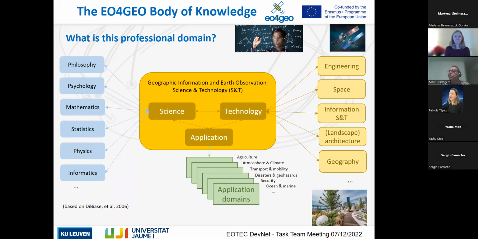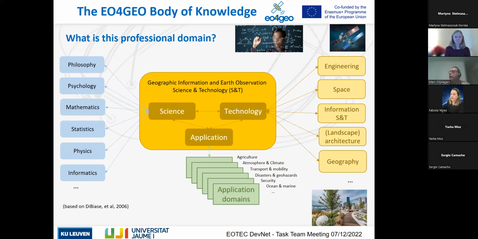So it describes a professional domain, and what is the professional domain that's covered by the EO4GEO body of knowledge? That is the geographical information and Earth observation science and technology. Of course, that's a very broad domain, and it's also linked to a lot of other domains in the real world.